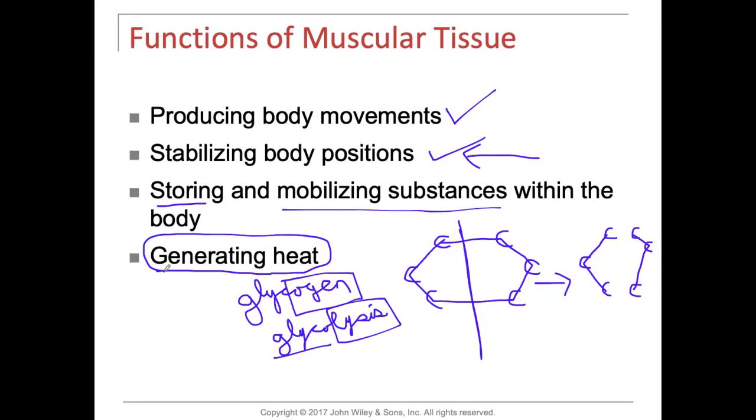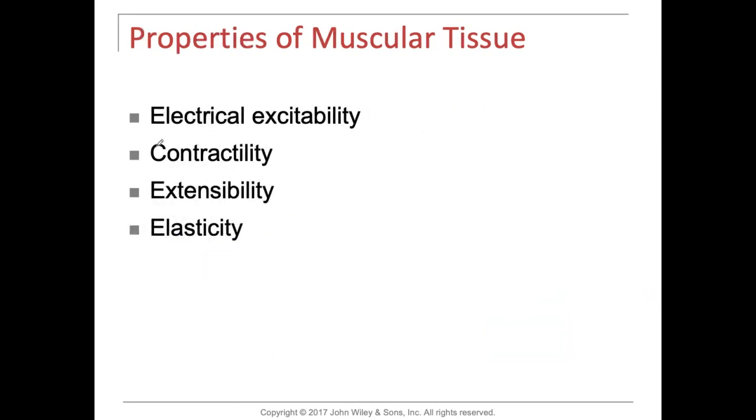Some properties of muscle tissue is that they are electrically excitable. We will talk about in a separate video something called the NMJ, which stands for the neuromuscular junction. So muscle is electrically excitable.